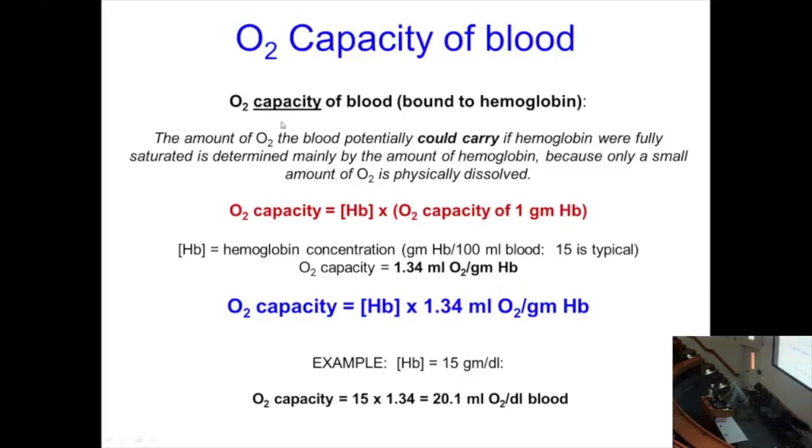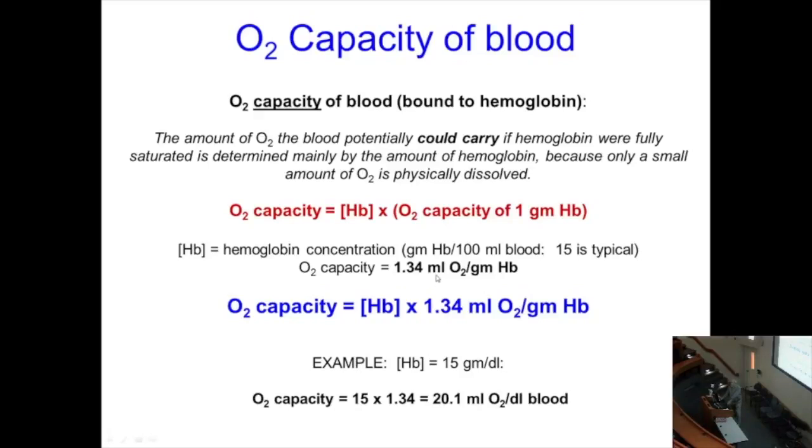The oxygen capacity of the blood is the amount of oxygen that you could get into the blood if the hemoglobin were 100% saturated. So the oxygen capacity of the blood is the hemoglobin concentration times the oxygen capacity of 1 gram of hemoglobin, which turns out to be 1.34 milliliters of oxygen.